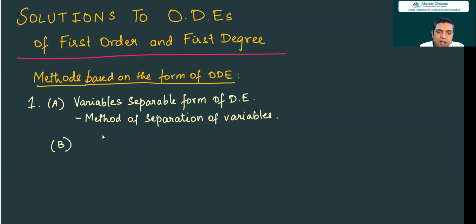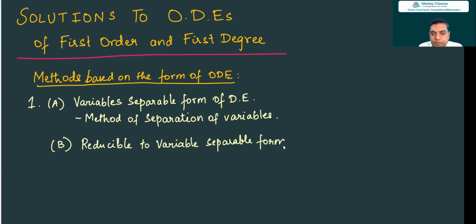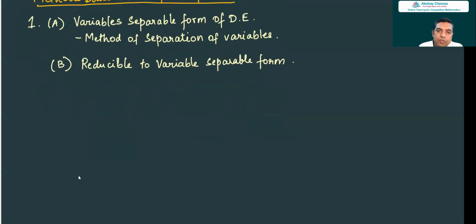This is also applicable if it is not directly variable separable, but the equation is reducible to variable separable form by some substitution. Both of these are solved by what we call the method of separation of variables.